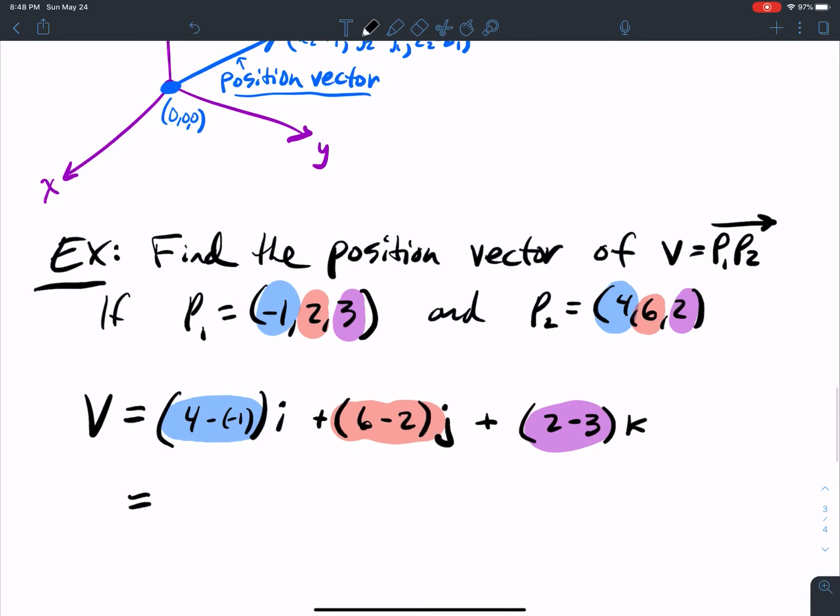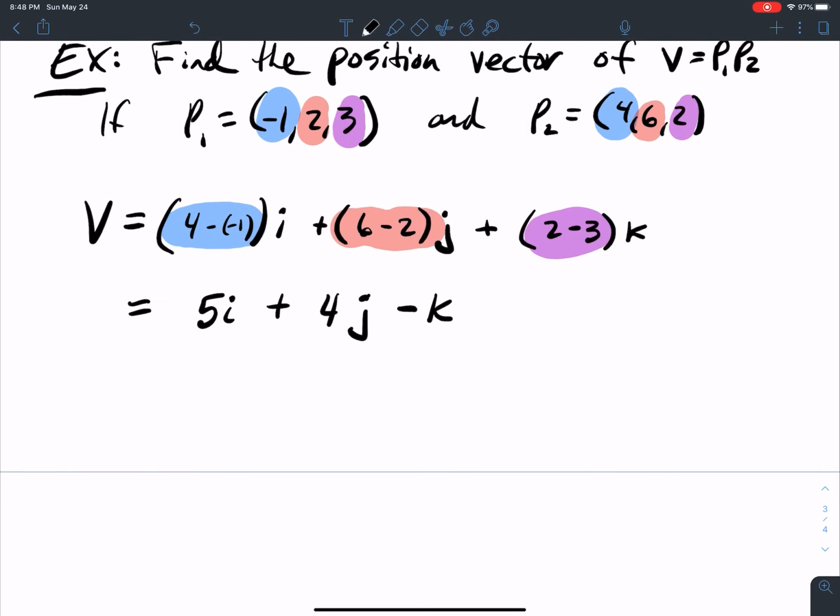So whenever I do this, I get 5i plus 4j plus a negative k. Okay? That's all there is to it. So that is the position vector.